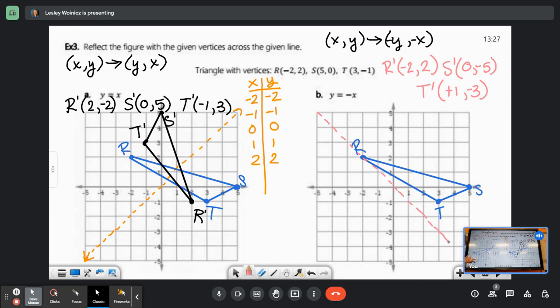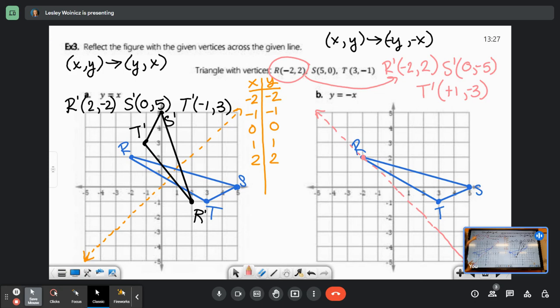It has a negative slope. Now, remember how our R ended up in the same place? Our R prime is in the same place as R. It's because it's on the line of reflection, so it didn't actually move.